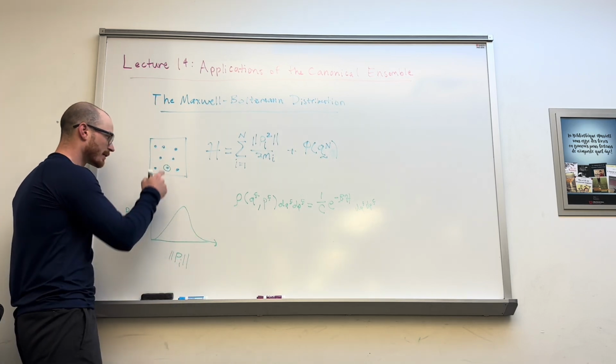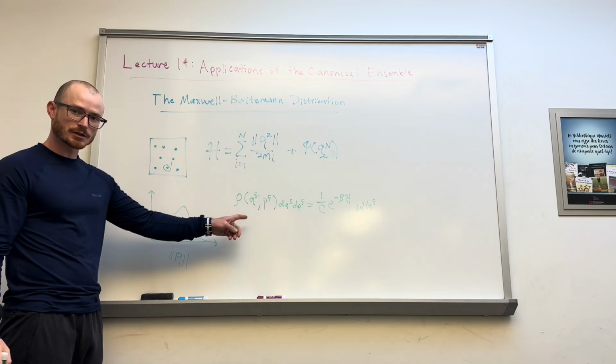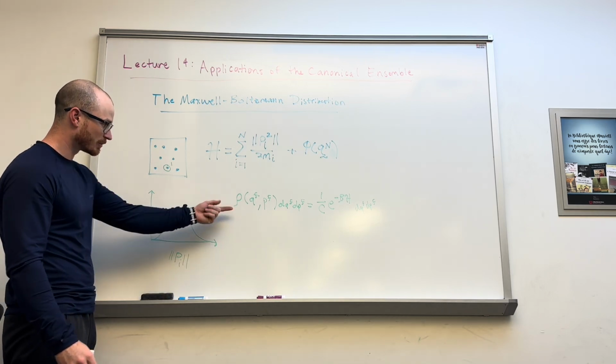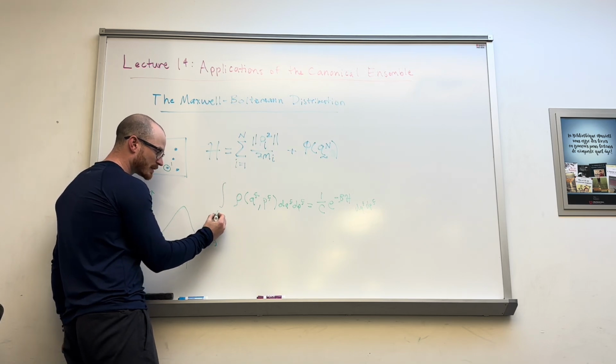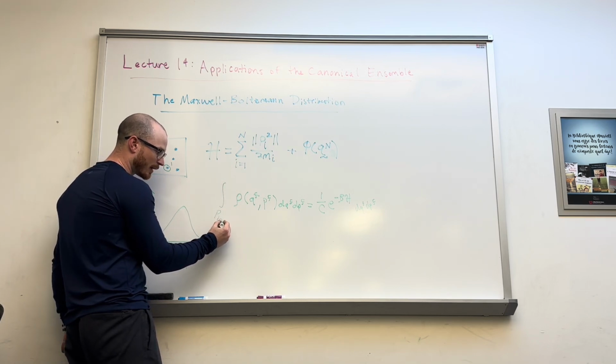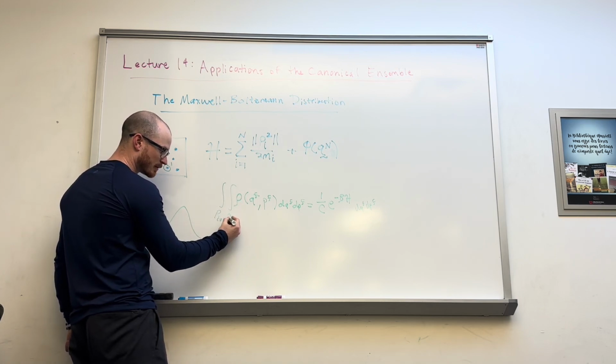So let's suppose that our tagged particle we're going to label as particle 1. If we want to get to this probability distribution rho, we're going to integrate over all of the momenta that are not equal to 1 and all of the positions.